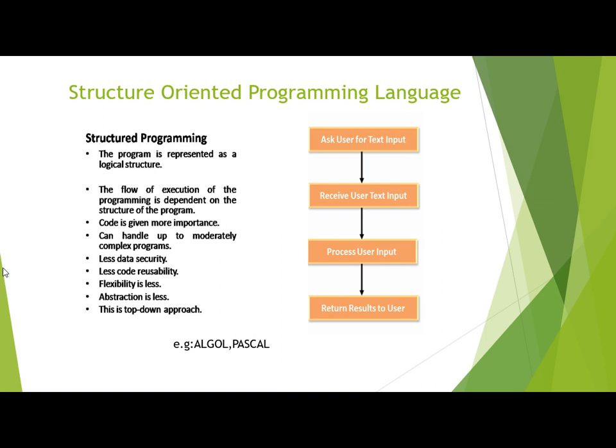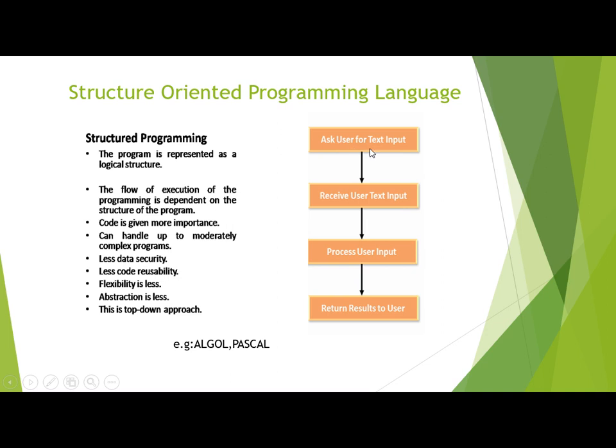Due to all these reasons, this type of programming is less flexible, and abstraction is less. Abstraction means to take out some important details from the data, so this is also not so easily available in this kind of programming language. And this follows a top-down approach. What the top-down approach is can be clear from this figure. Here you can see that the execution of the program will start from top to bottom.